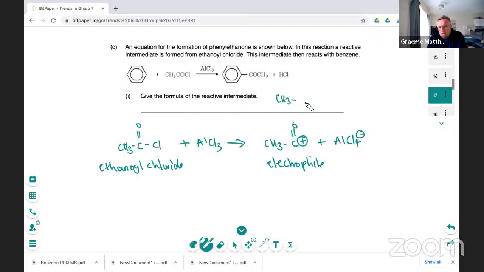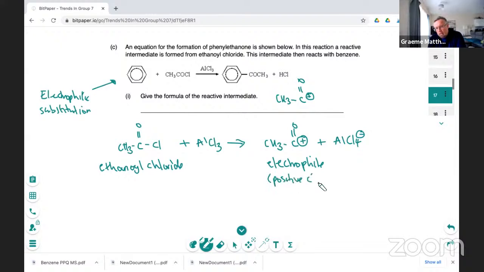My hint for doing these types of questions is this: this is your typical electrophilic substitution. On the first two questions, part A and part B, was nucleophilic substitution. Now it's electrophilic substitution, and so you use an electrophile which has a positive charge on it.